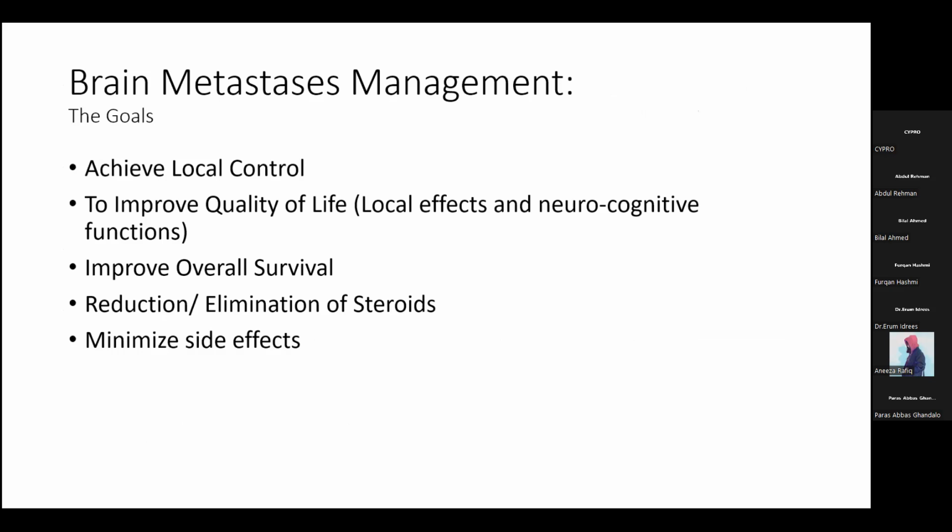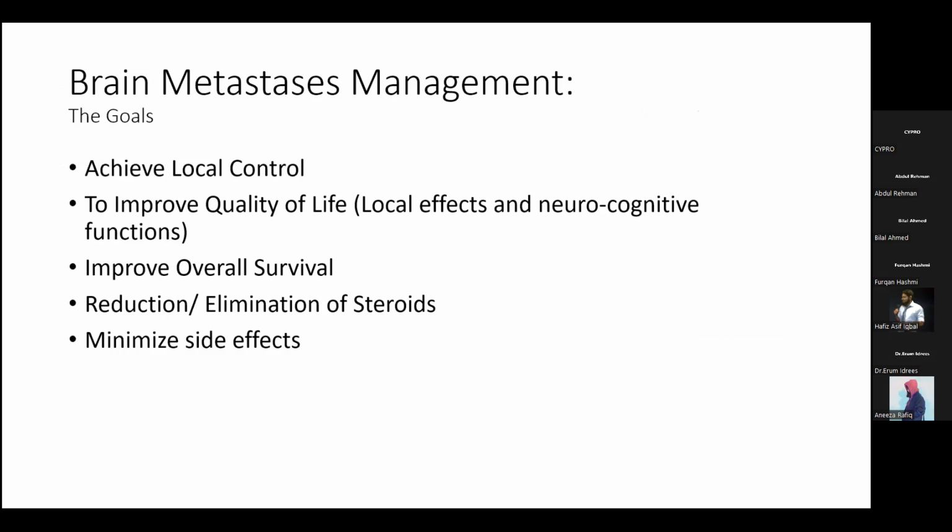So whenever we are dealing with brain metastasis, the goal is always to achieve local control, the most important one. And of course, to improve the quality of life, maintain the neurocognitive function, and also to improve the local effects as well.